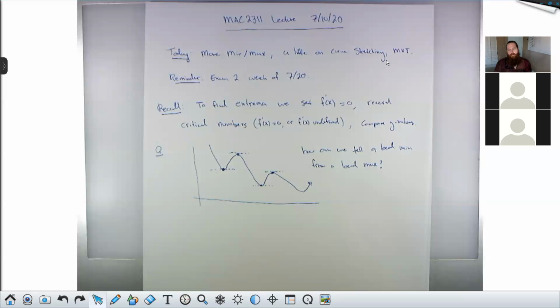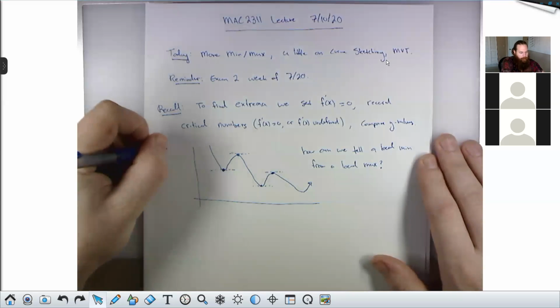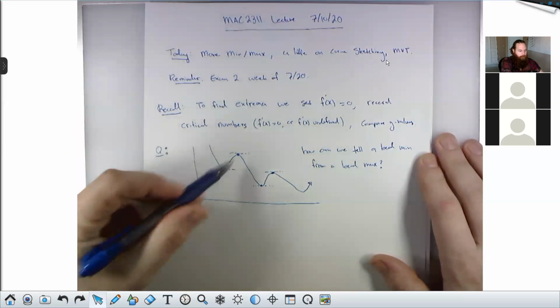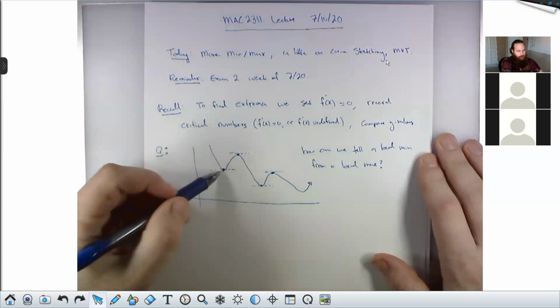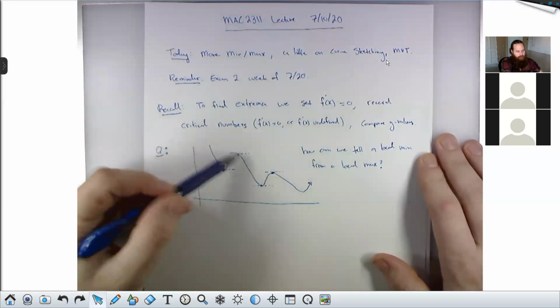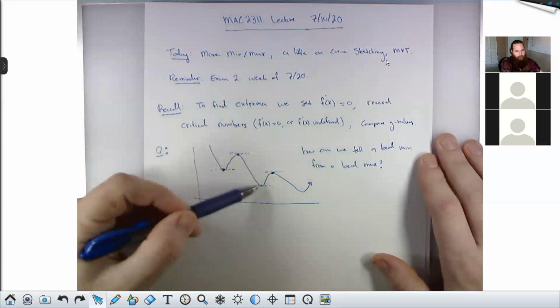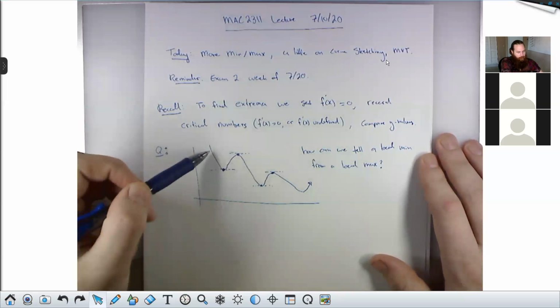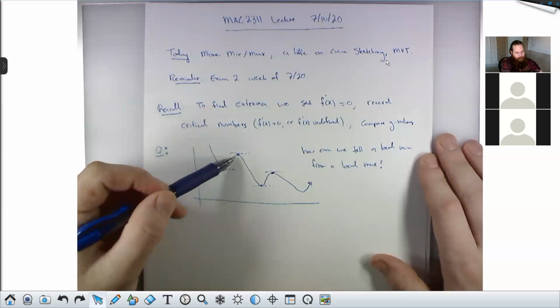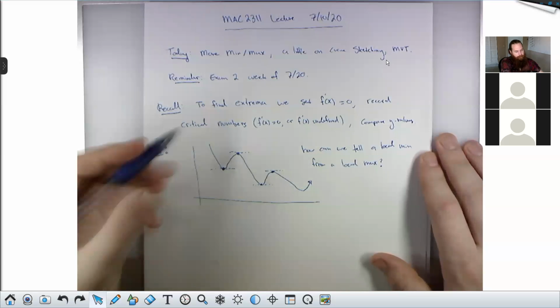Yeah. So there is a connection there with the left to right nature of how we read the graph. But it's a little bit more subtle than that, right? Just because this occurs to the left of this doesn't guarantee that this would be a local min and this a local max. For example, this is a local max that occurs to the left of this local min. But it does have to do with decreasing, increasing, decreasing, increasing.